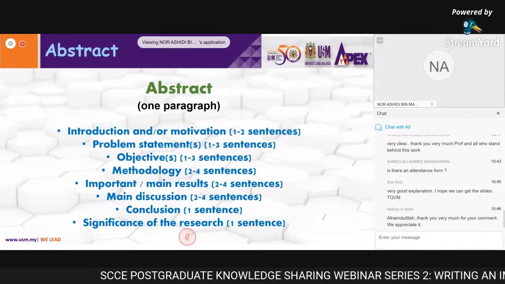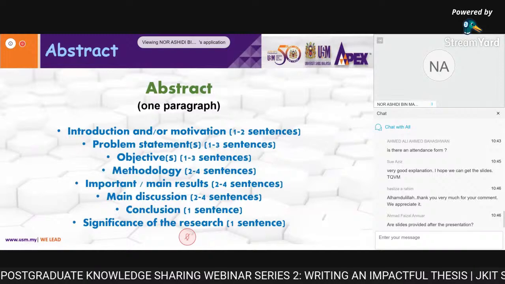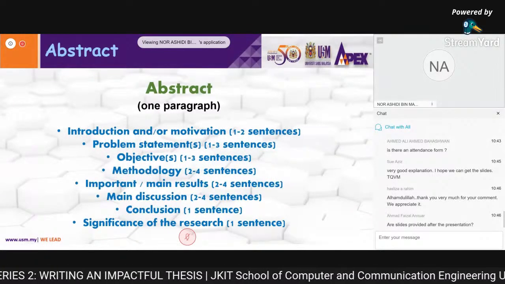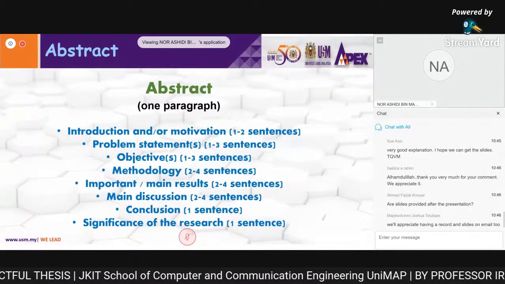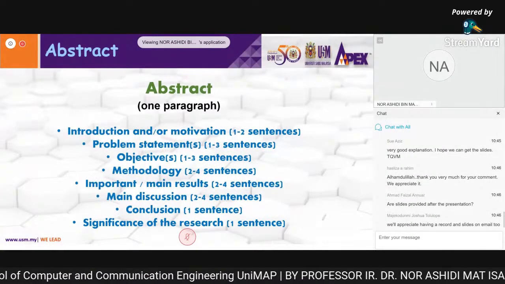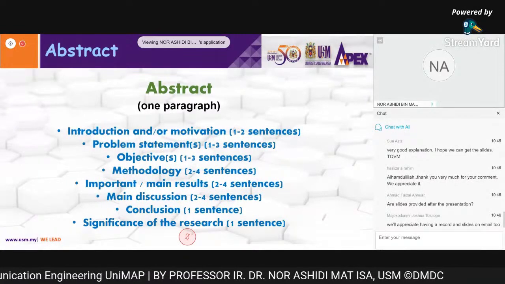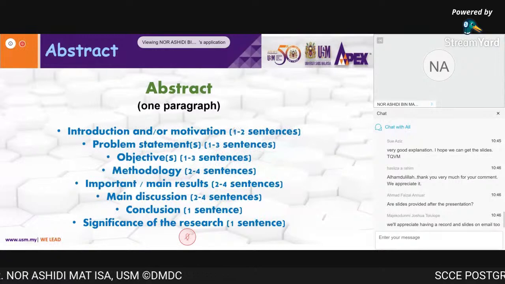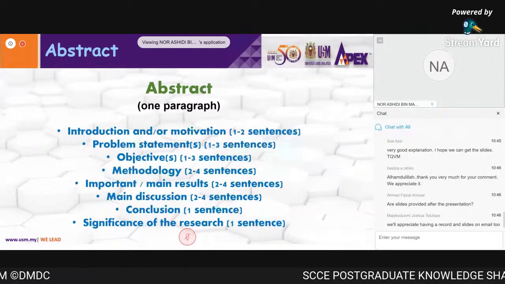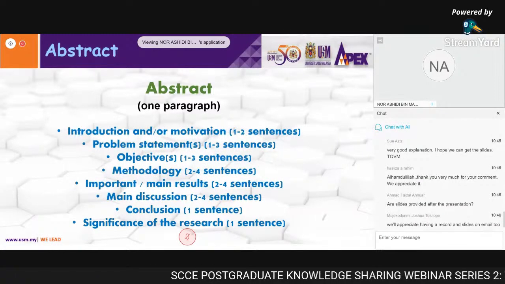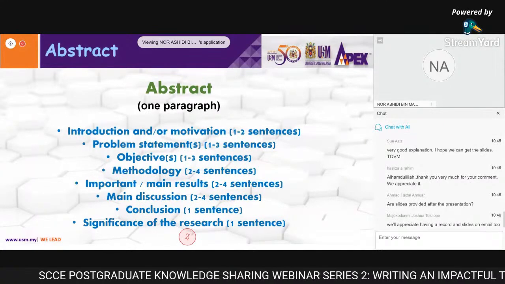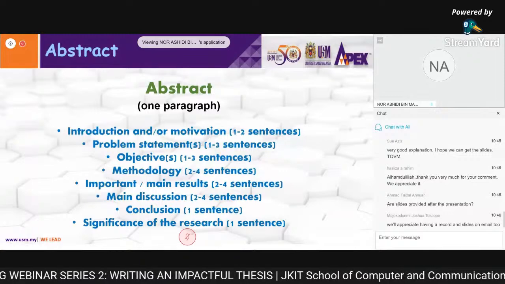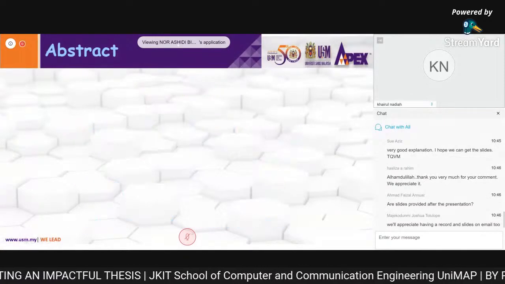We just want to know the main idea, the main introduction, the main research background, the main problem statement, the main objective, the main idea of your methodology, the main results that show the beauty of your research, and the conclusion and the significance. Therefore, if the reader wants to know more, he will go to chapter 1, chapter 2, chapter 3, and so on. Okay. Now we go one by one.